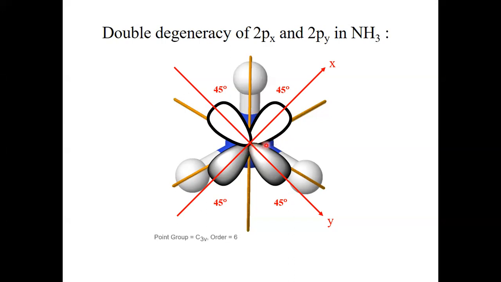And this y lobe here would be mirrored over there to the other side, and it will superimpose them as well. So this way we have shown that indeed there's a symmetry operation that interconverts the two orbitals, proving the degeneracy of the two. So we are now actually at the end of the chapter on symmetry.